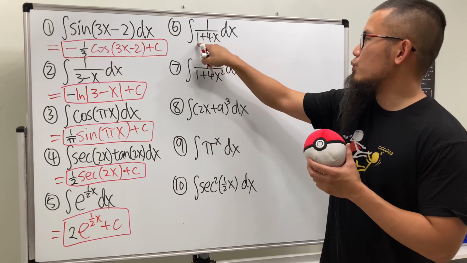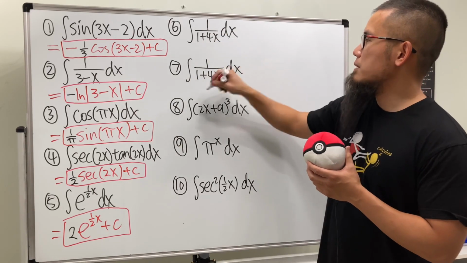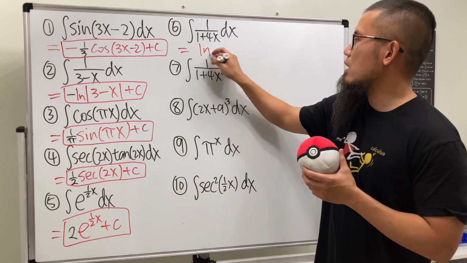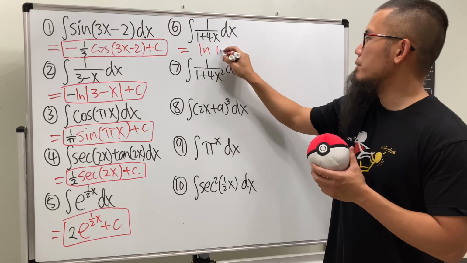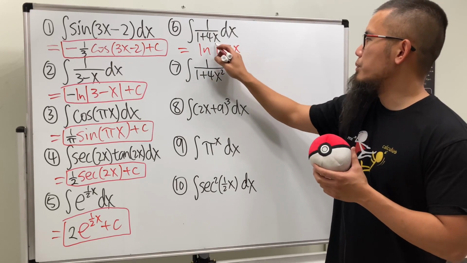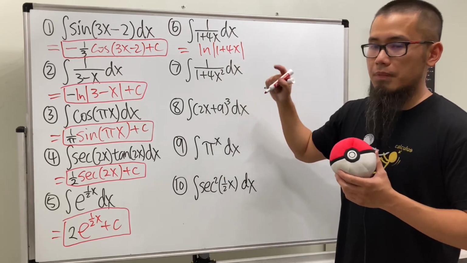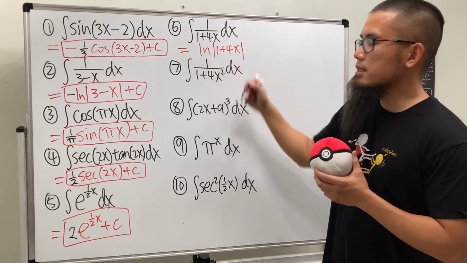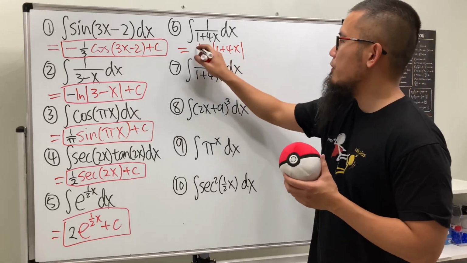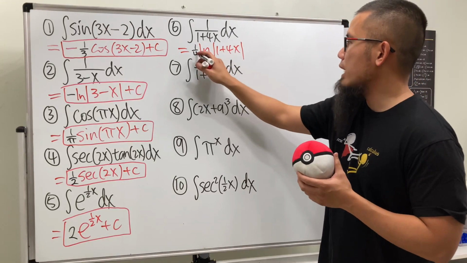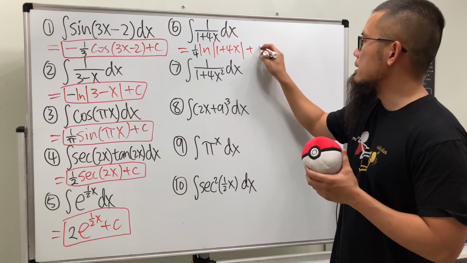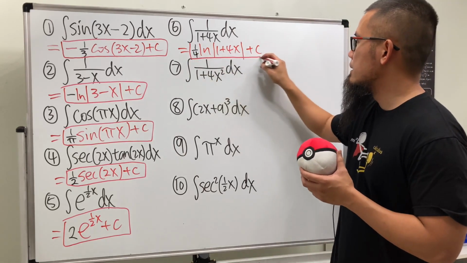Again, the bottom is just 1 plus 4x to the first power. So that will give us natural log of the bottom, which is 1 plus 4x. And we put this in the absolute value. But the derivative of 1 plus 4x is a 4. So divided by 4, we get 1 over 4 right here. And then put a plus c. And that's it.